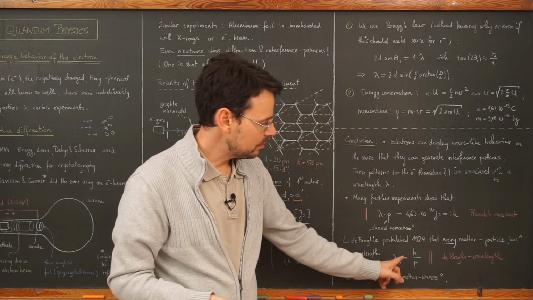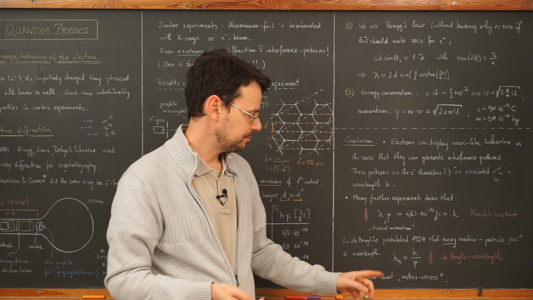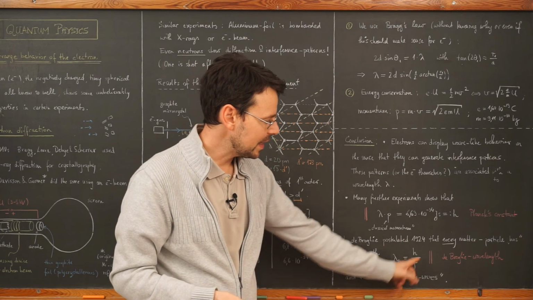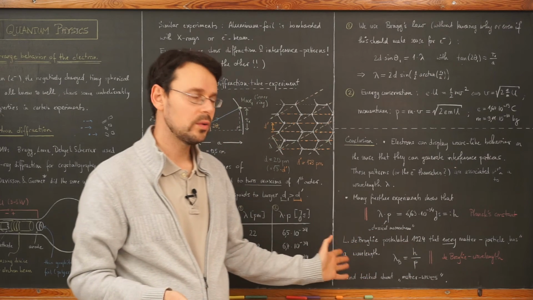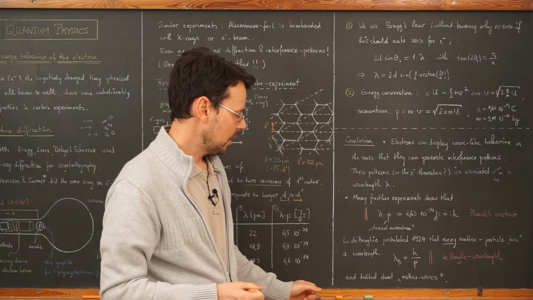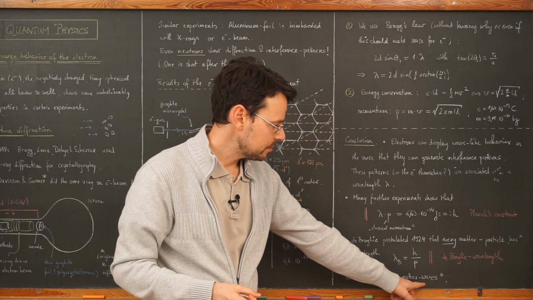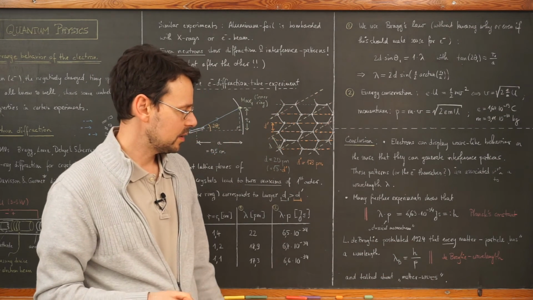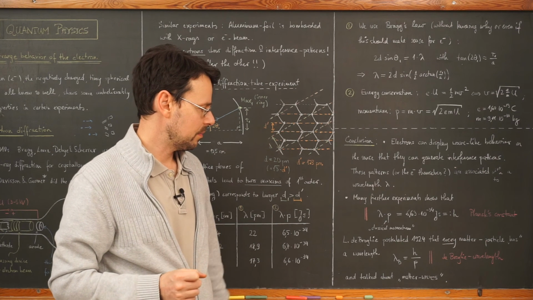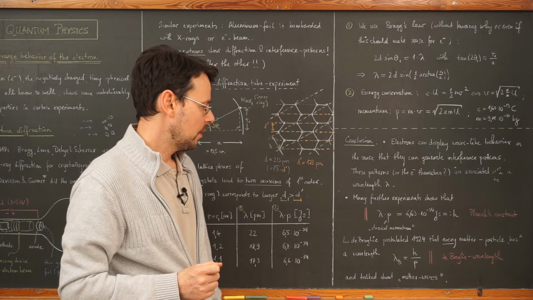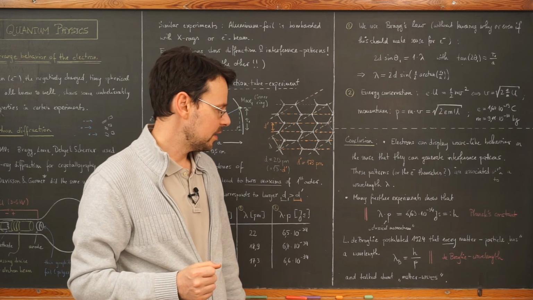He got this idea because for light, the same equation holds. We're going to talk about that later. And he coined the term matter waves, which is a very problematic and dangerous term that I'm trying to avoid.